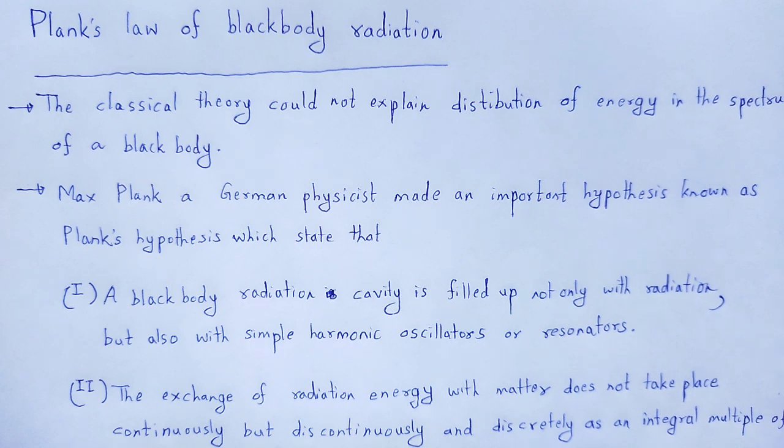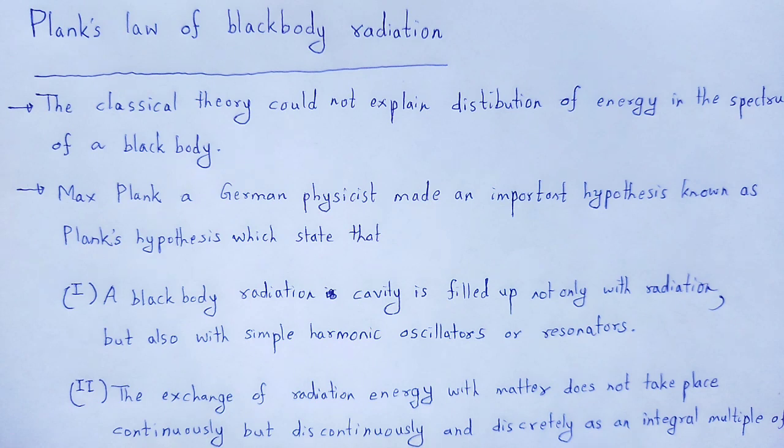Before Max Planck, the German physicist, scientists named Wien, Stefan and Boltzmann, Rayleigh and Jeans proposed their laws regarding blackbody radiation. What would be the spectrum of a particular blackbody radiation? But they couldn't explain the blackbody radiation spectrum by using classical mechanics.